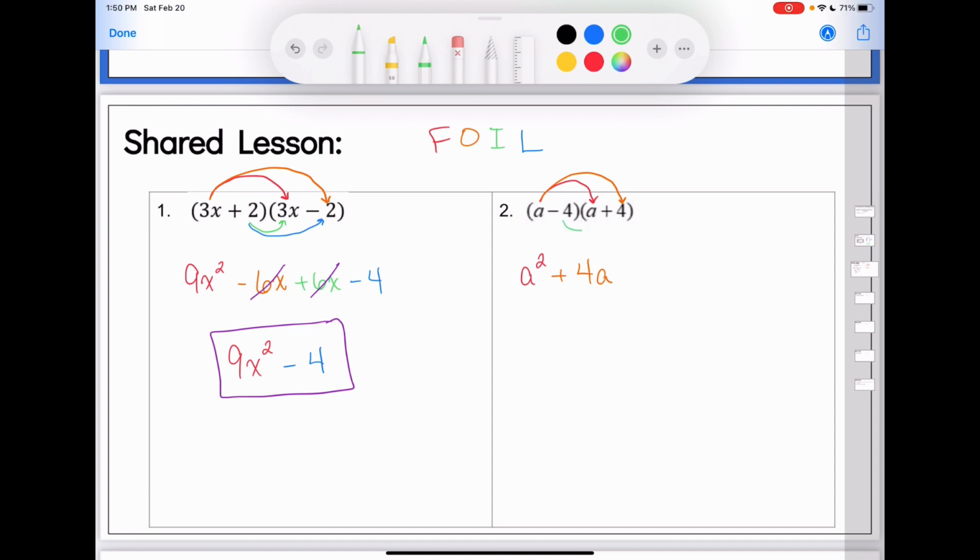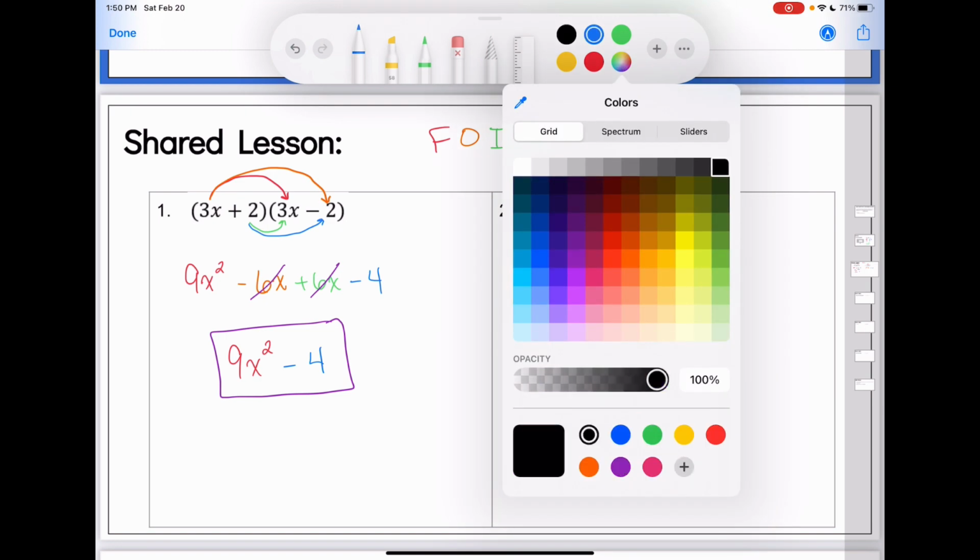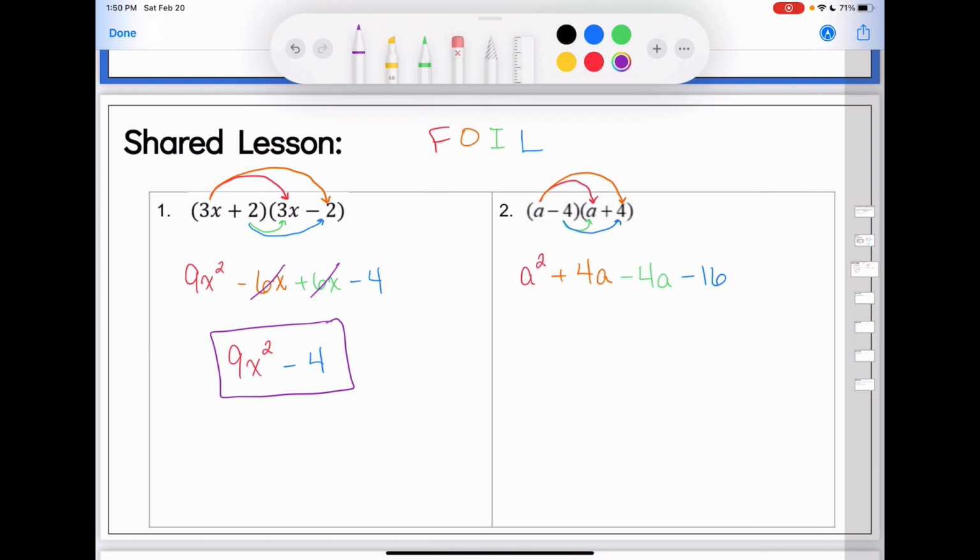Negative 4 times a gives me negative 4a for my insides. Negative 4 times positive 4 gives me negative 16 for my last terms. Okay, oh, I see I have some like terms on this one. Positive 4a and negative 4a. Oh, those are going to cancel out, so I'm left with just a squared minus 16.